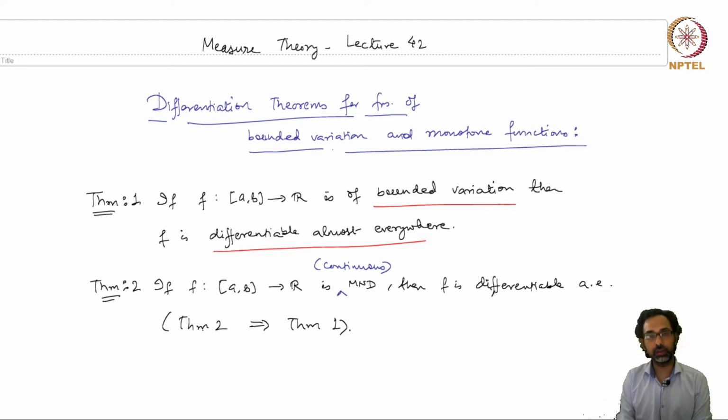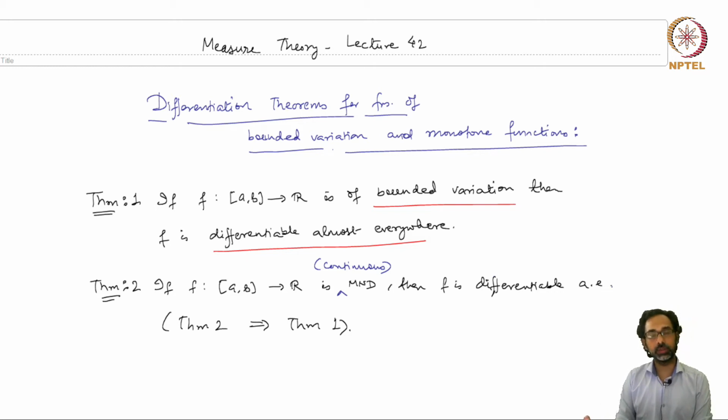One part will be continuous and the other part will be a limit of what are called functions with jump discontinuity, or jump functions. They will also be differentiable almost everywhere. So let's look at the proof of theorem 2, which will imply theorem 1.